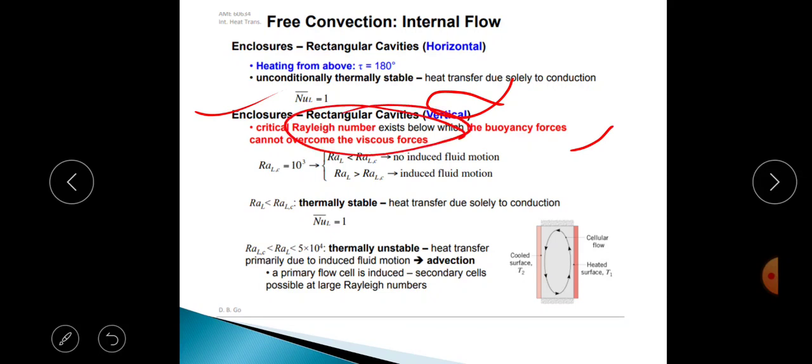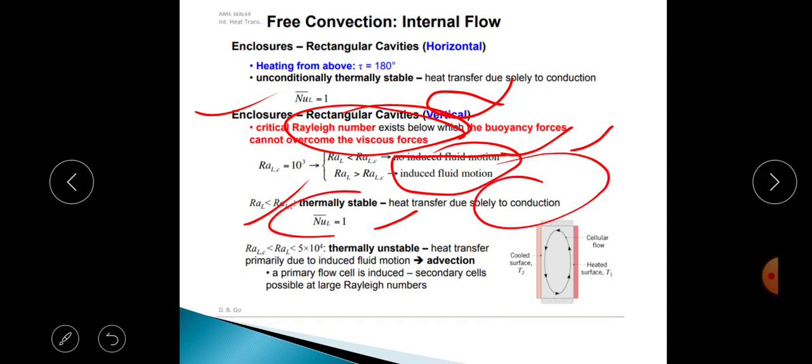So Ra_Lc is equal to 10 to the power 3, and Ra_L equal to Ra_Lc, no induced fluid motion. If Ra_L is less than Ra_Lc, then it is thermally stable and heat transfer is due solely to conduction, Nu_L equal to 1.